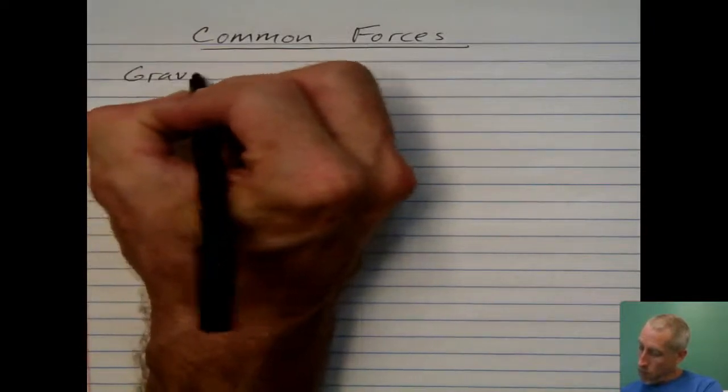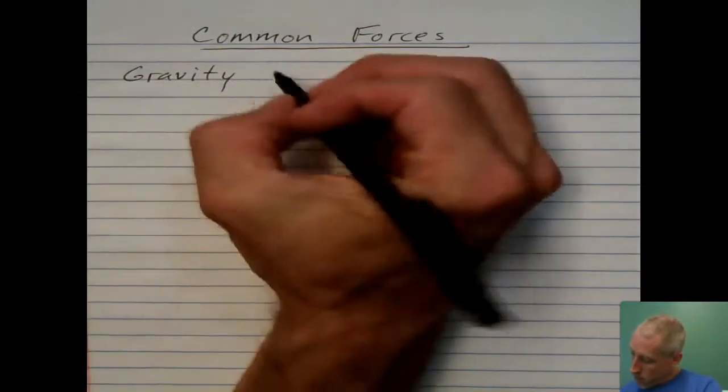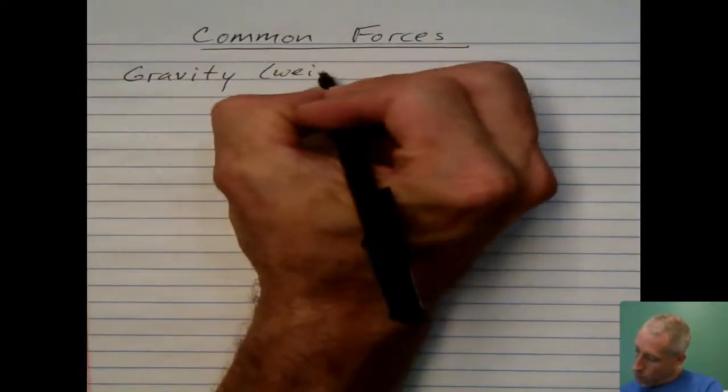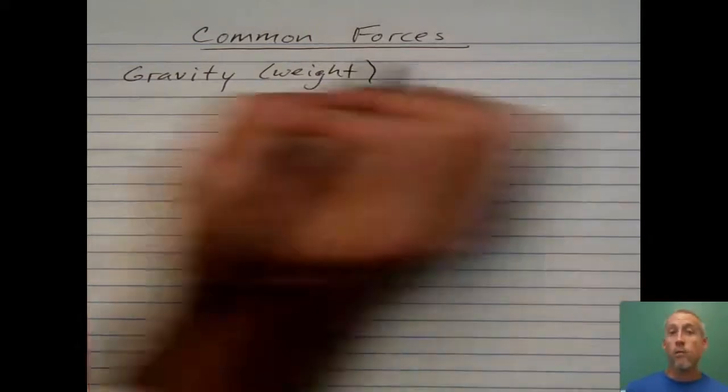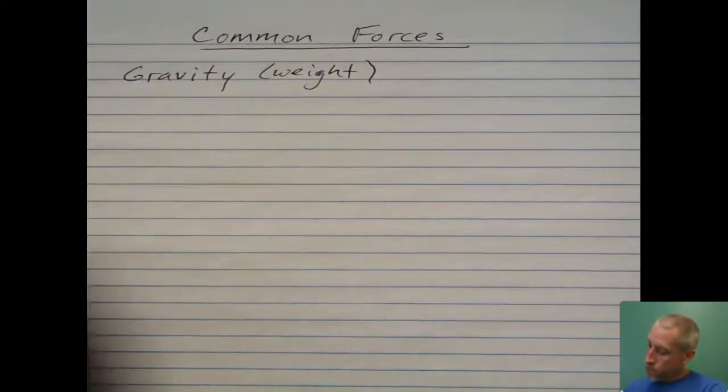And the only time you wouldn't have this is if you're in the far reaches of space, and those are just not diagrams that you're going to typically draw. So we call it the weight. I like to call the gravity force the weight. Now, that is not universal. There are some physics instructors and textbooks that refer to the weight differently, but I'm going to refer to it as the weight. And you can actually calculate that. I'm not going to go into the numerical part now.